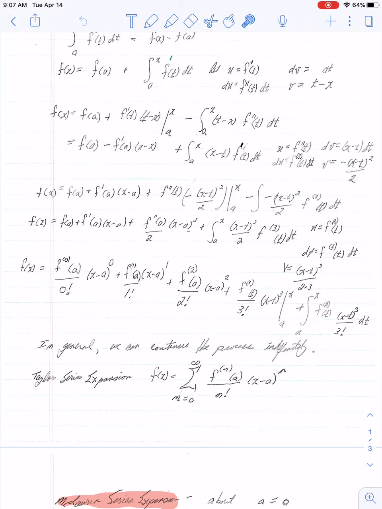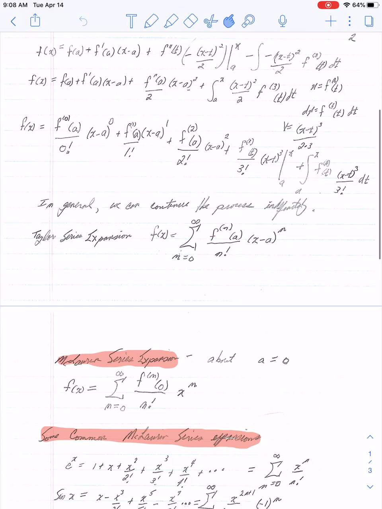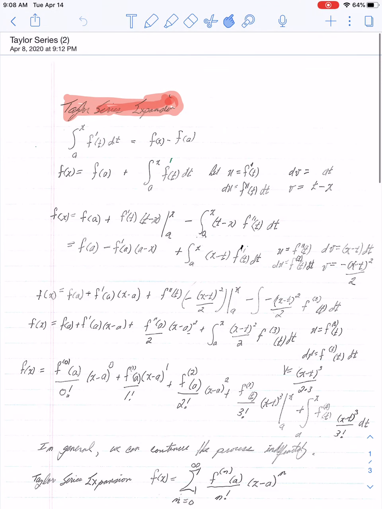Guess what that is? That, my friends, is a power series, just like the kind we talked about last time. All right, so that's the story of Taylor expansions.